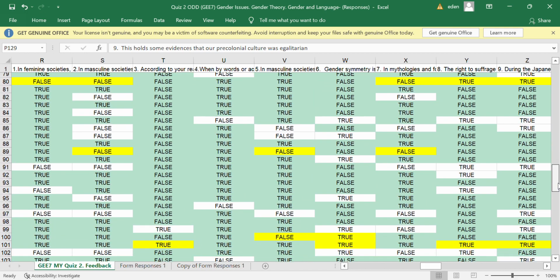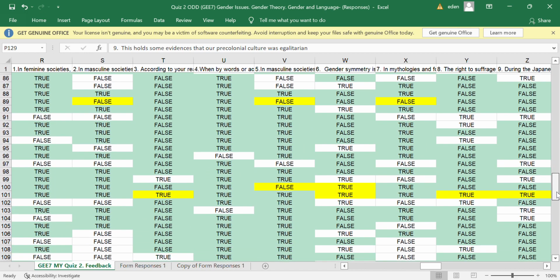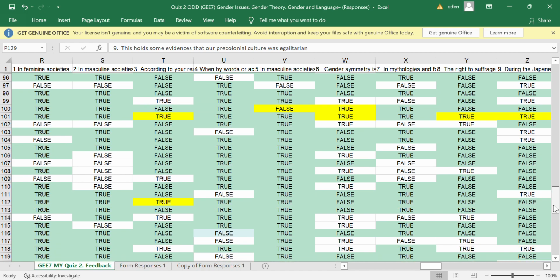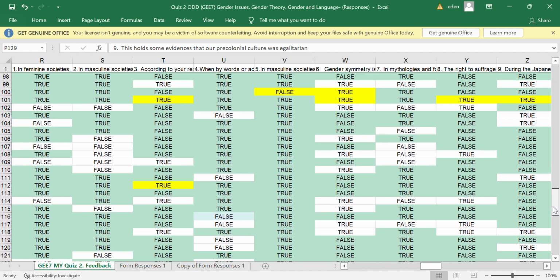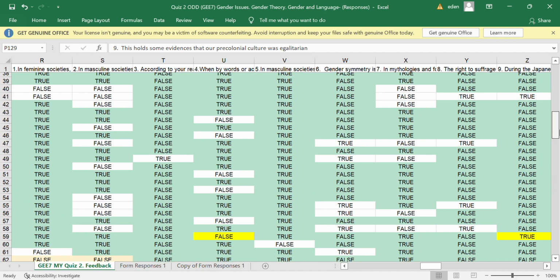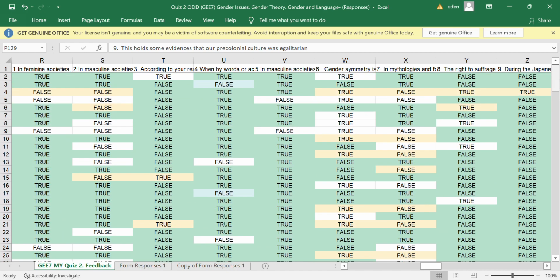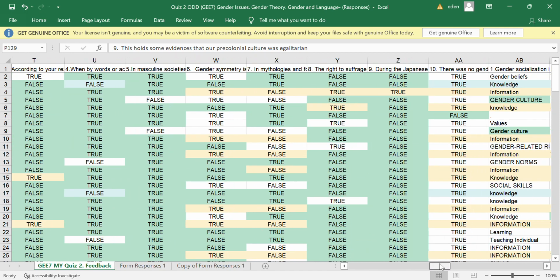Okay. So what do you see? I believe that the majority of the questions are not problematic because many got the answers correctly.